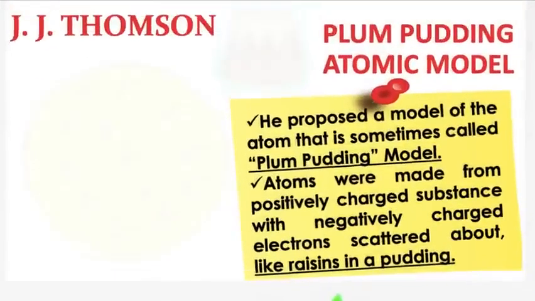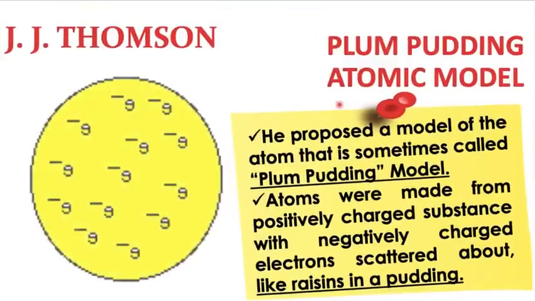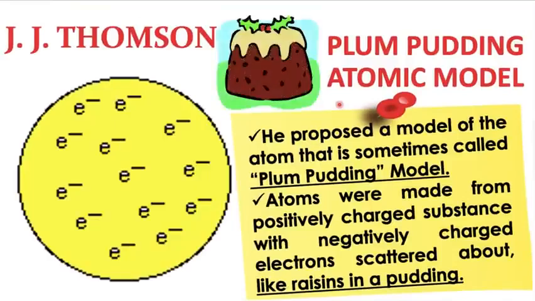His model is also known as the plum pudding atomic model. According to him, atoms were made from positively charged substance with negatively charged electrons scattered about, like raisins in a pudding. That is why it is also known as the plum pudding atomic model.